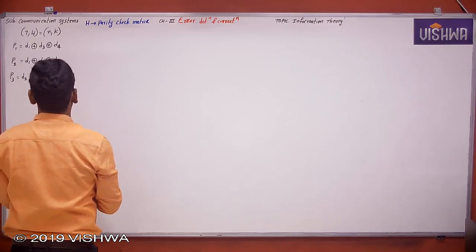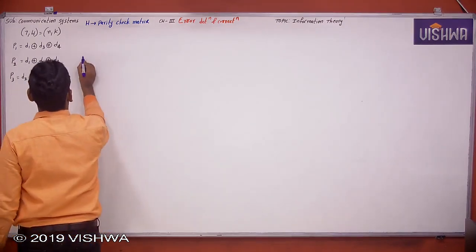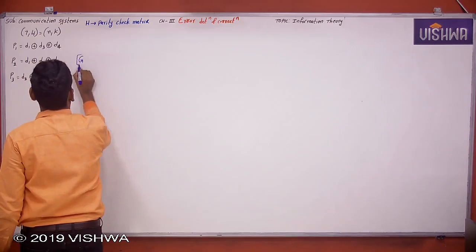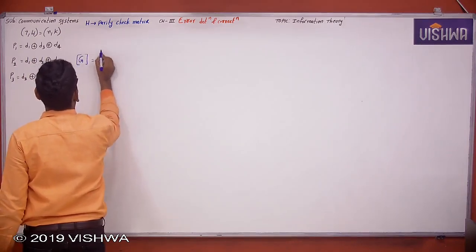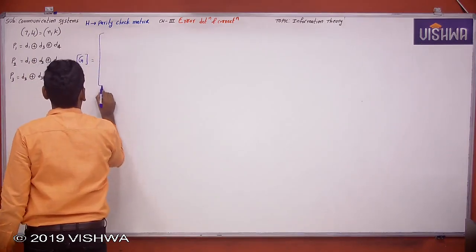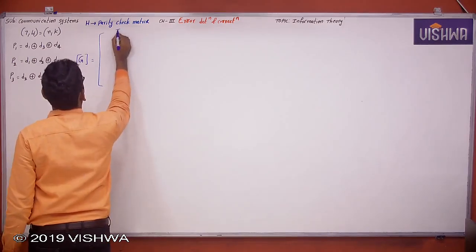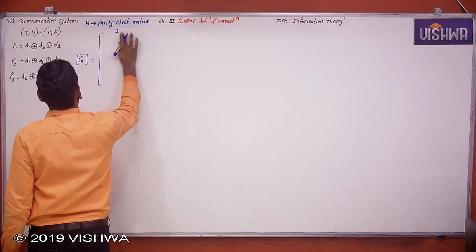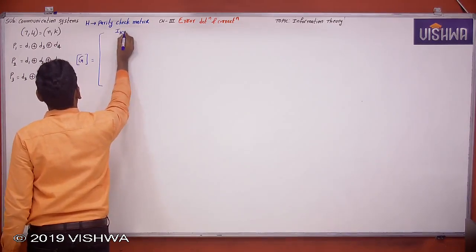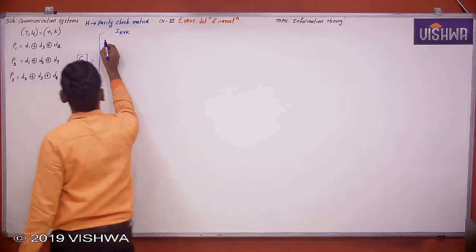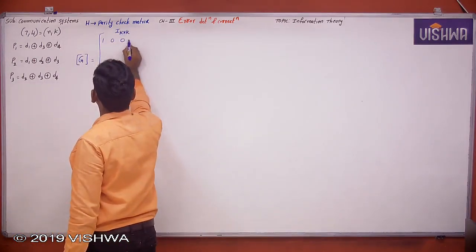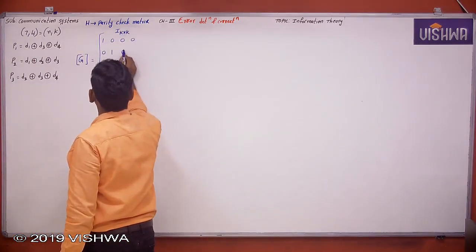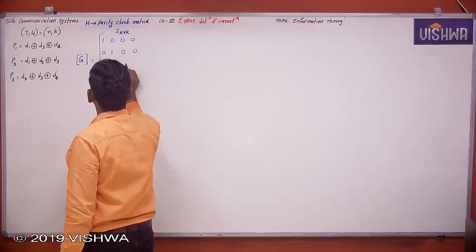Determine the generator matrix. What is the generator matrix? The first part of the generator matrix is the identity matrix. The order of this identity matrix is k cross k, so this is a 4 by 4 matrix: 1 0 0 0, 0 1 0 0, 0 0 1 0, 0 0 0 1.